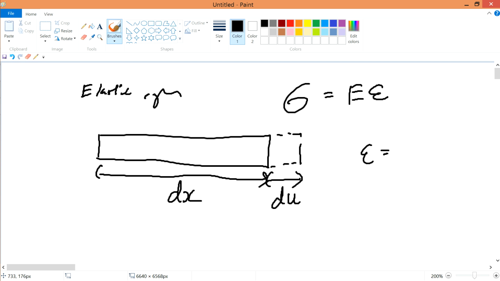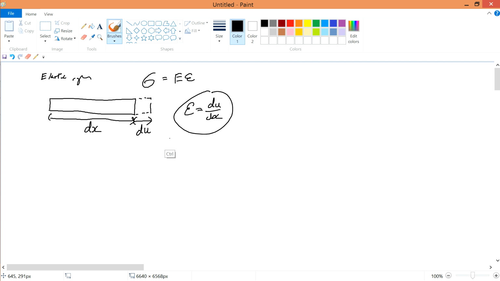So the strain itself, by definition, is a small change of length divided by the original length, which is du over dx. So the original length is this one, a small change is du, so a small change divided by its original length. I think you get what I mean. Therefore we have the strain equal to du/dx.